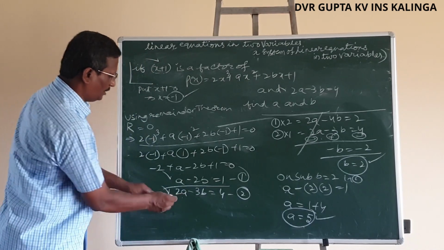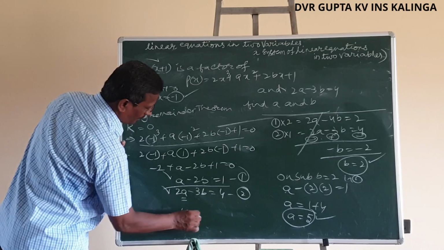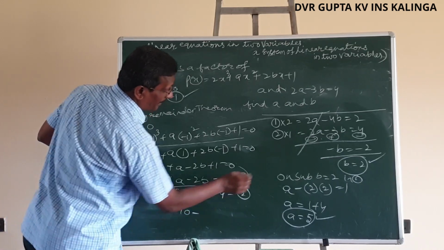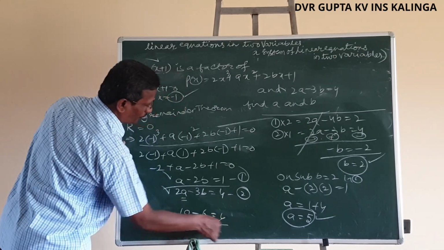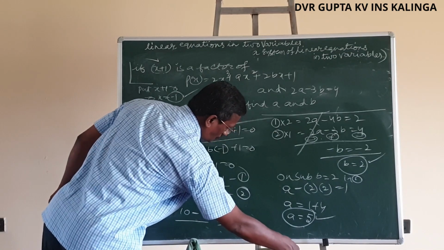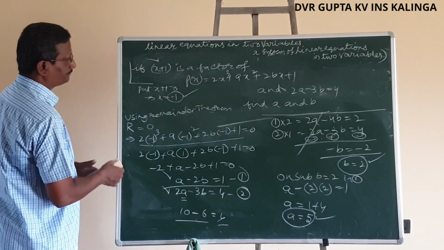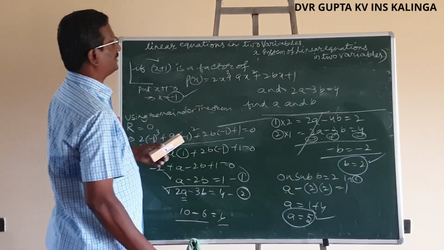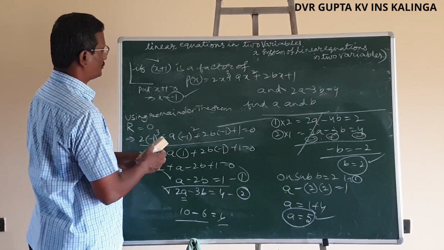In the second equation, 2 into a, 2 5s are 10, minus 3 into b, 3 2s are 6, 10 minus 6 is equal to 4. 4 is equal to 4. So it is confirmed that the solution we got, a is equal to 5 and b is equal to 2, is correct.